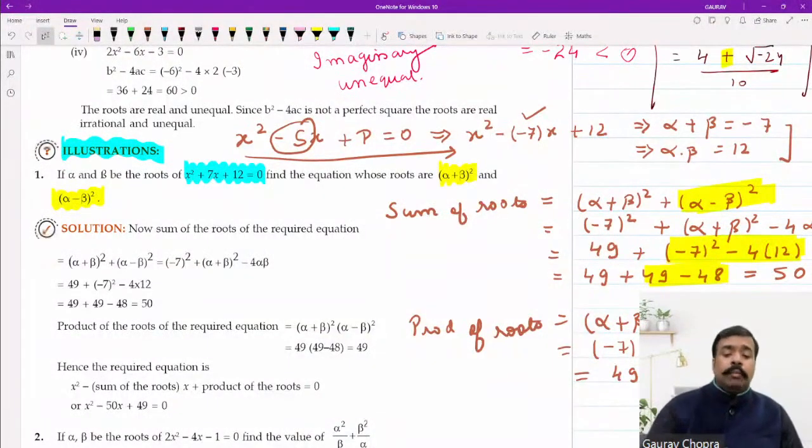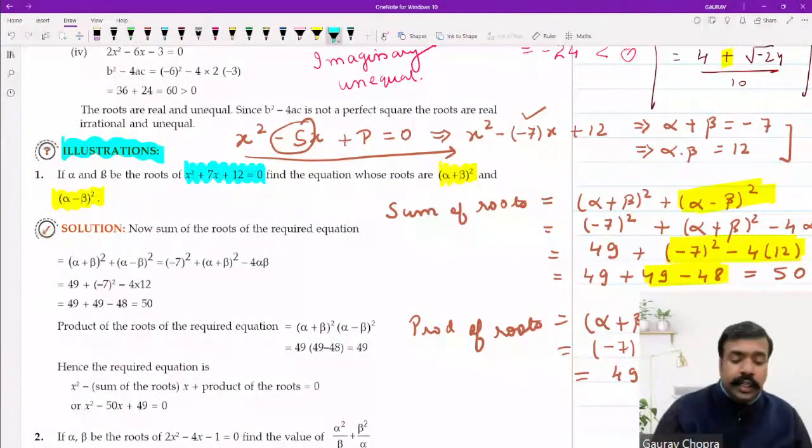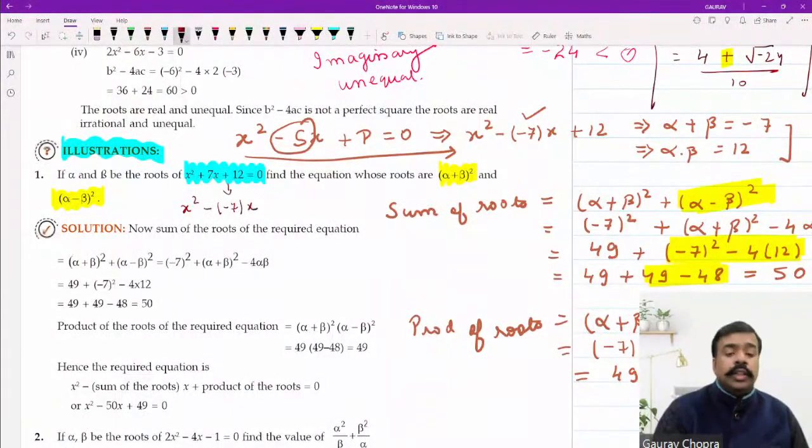X square minus sum of x and then plus product equal to 0. So we have arranged the given equation in this format. So x square minus of minus 7x, because in the formula it is written negative, so we have to present it with a negative sign, and then plus 12 is equal to 0.